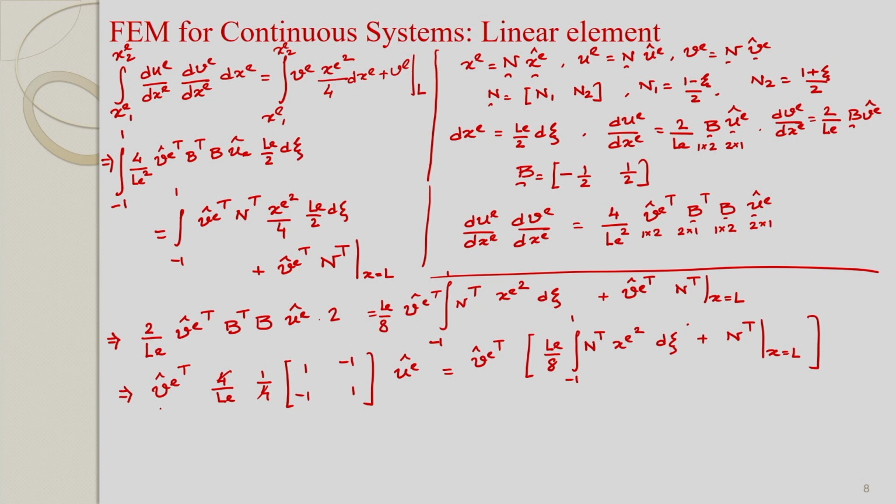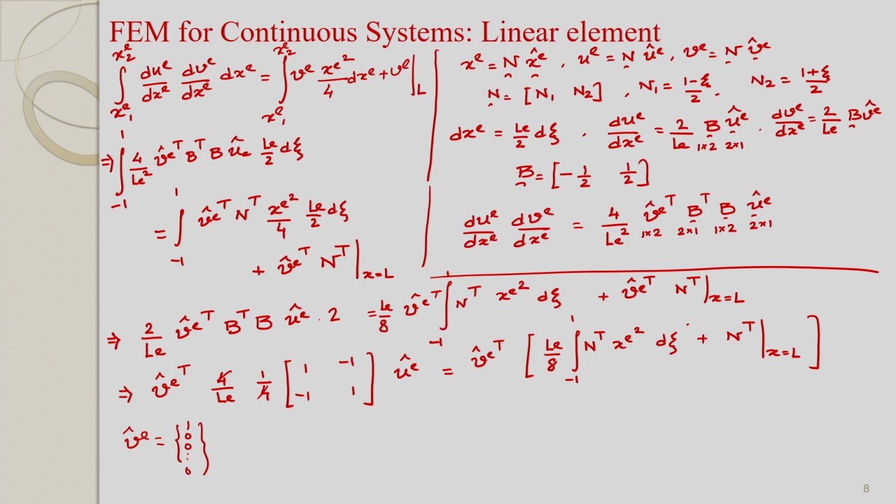Now, this variation VE is arbitrary. So, we can select this variation VE hat as the first row 1, remaining 0, which gives us the first row as non-zero.